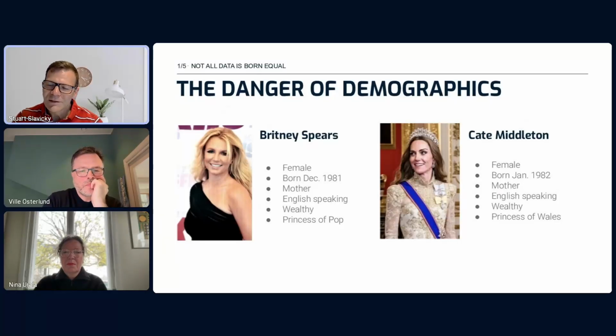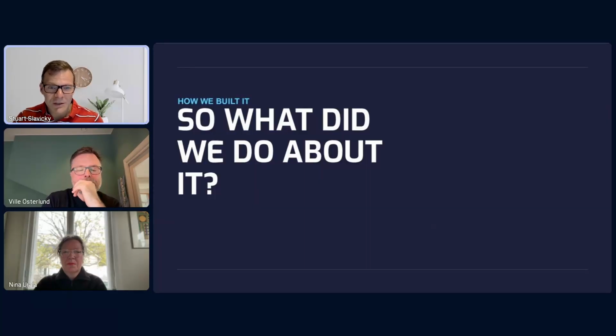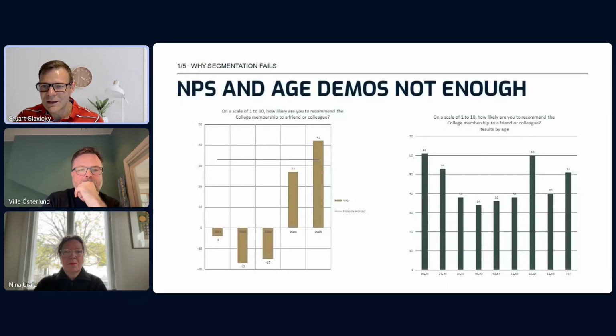To illustrate what this means in real terms at the college, let me show you our improving NPS scores. We had a little dip during COVID, but essentially we had 2 years of consecutively improving NPS scores, which were really wonderful to see. Pat on the back.